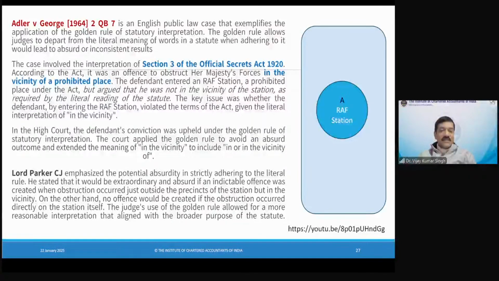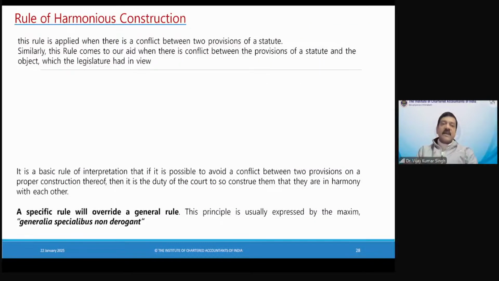On the other hand, no offense would be created if the obstruction occurred directly on the station itself. The judge's use of the golden rule allowed for a more reasonable interpretation that aligned with the broader purpose of the statute. I hope this clarifies your idea about the golden rule or reasonable construction.